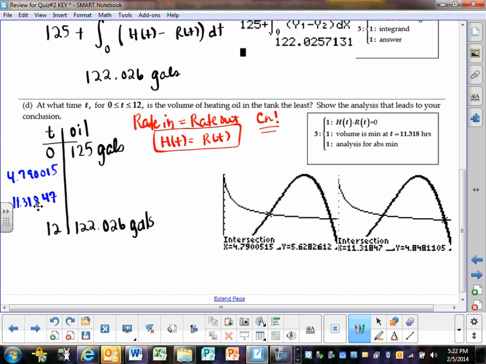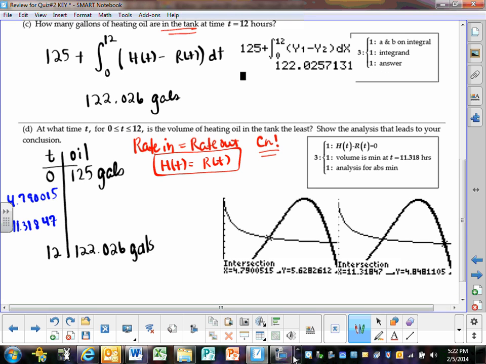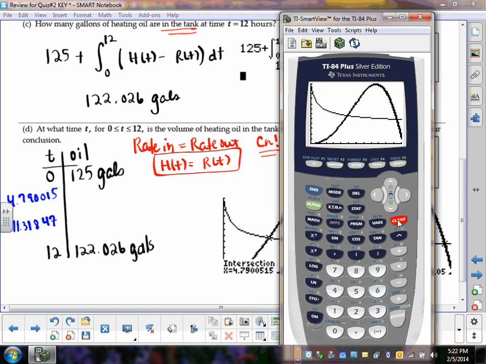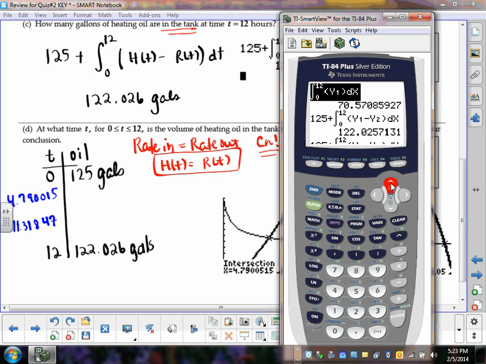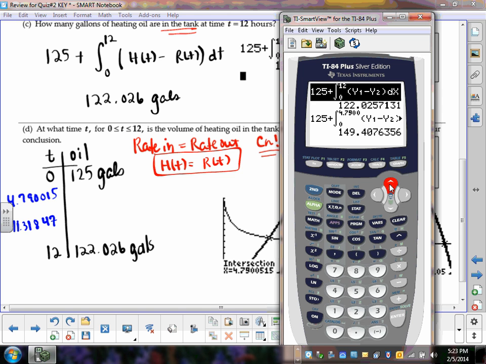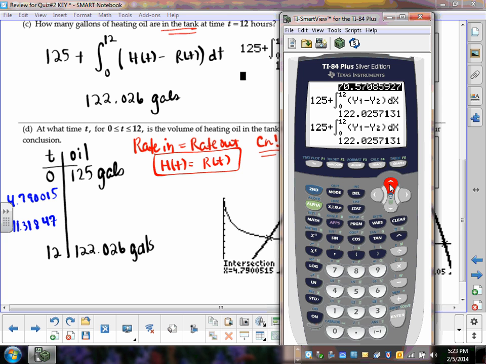And now we find the amount of oil here at these 2 times the same way we found the amount of oil in the previous part. We do the integral. So I can actually go onto my calculator and just clear out and change values on the integral that I had typed in previously. So I'm going to find the value at 4.7900015, and I'm also going to find the amount of oil at time 11.31847.